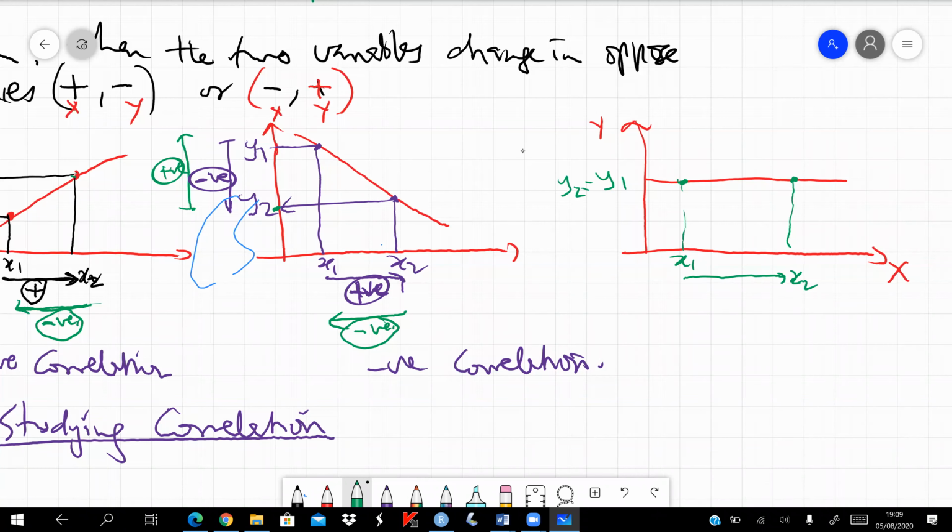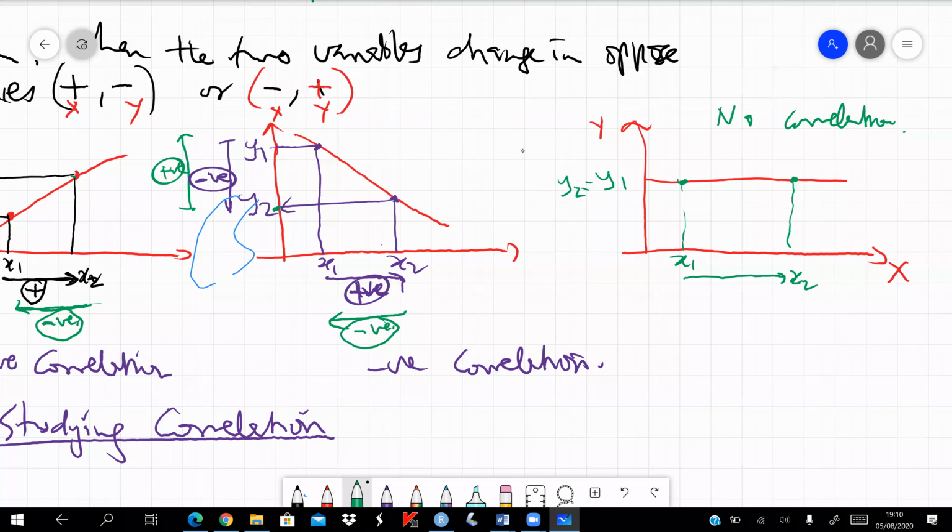It is the same. If I increase x or decrease x, there is no change in the other variable, y. So that means there is no correlation, or zero correlation. If you change one, the other one is not changing. You can also have the same argument when the line is vertical.